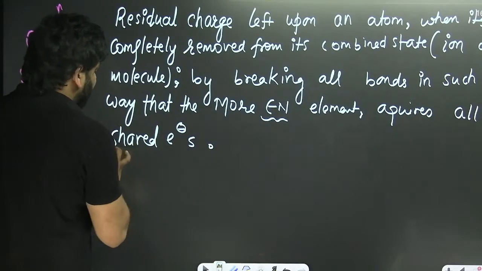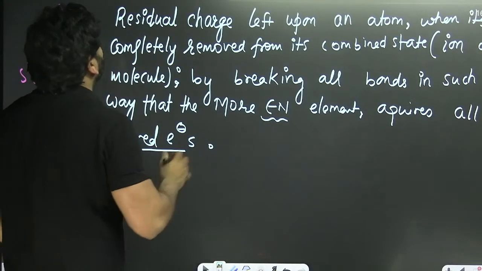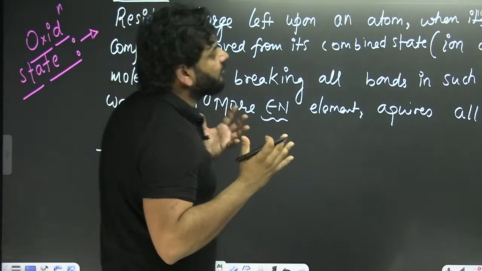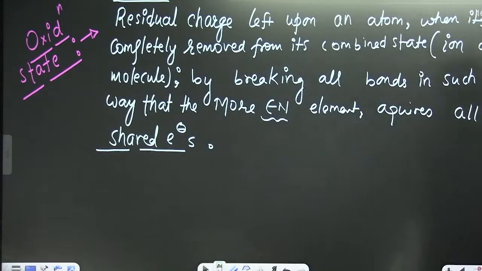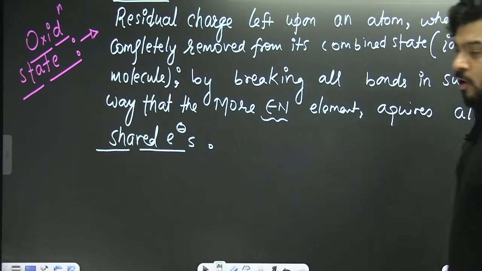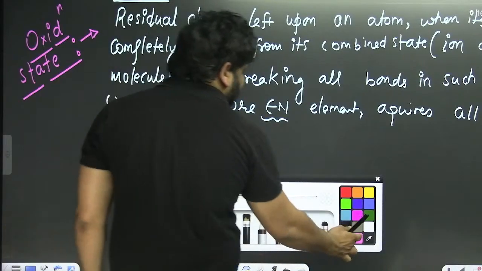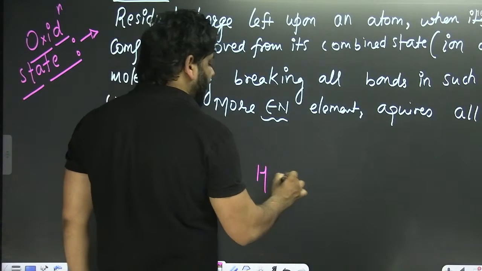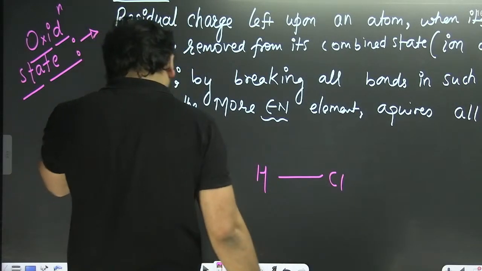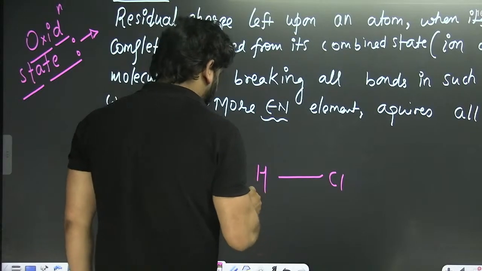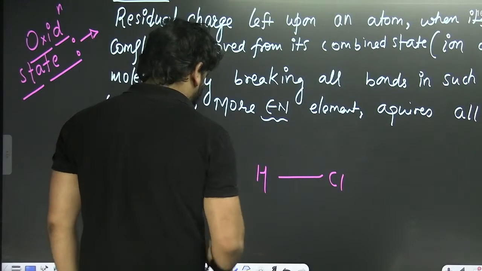Now this definition might sound very huge, or very difficult to understand, but believe me, using one example you can get this concept very easily. So I'll explain the concept using one example. Let us take an example of HCl. We have hydrogen, we have chlorine. We all know that hydrogen is less electronegative.